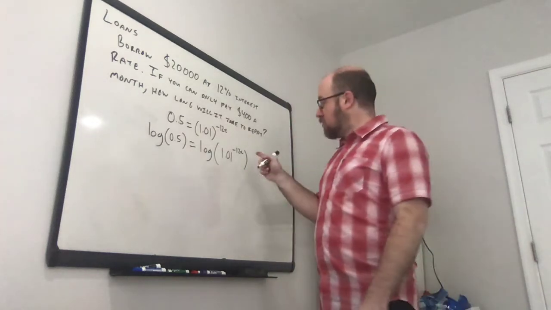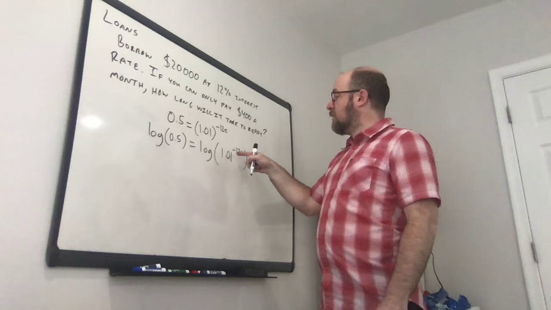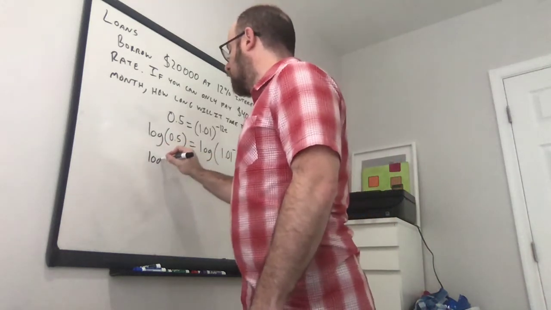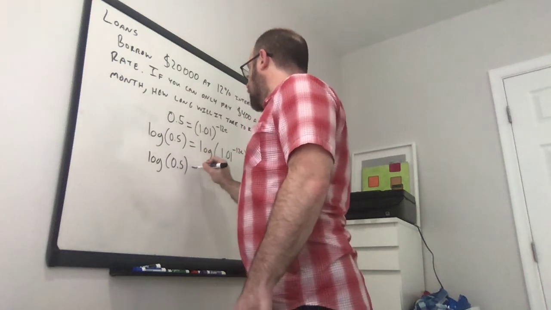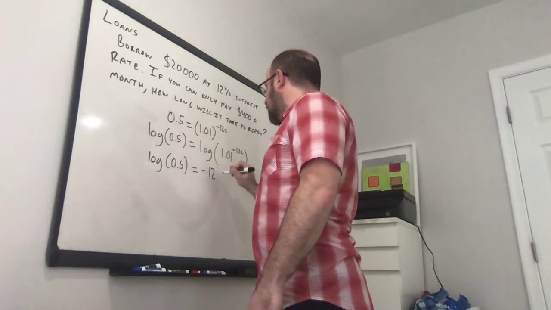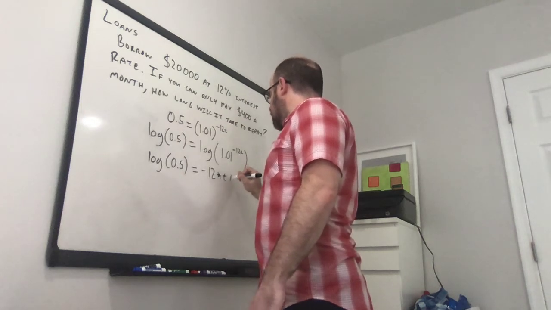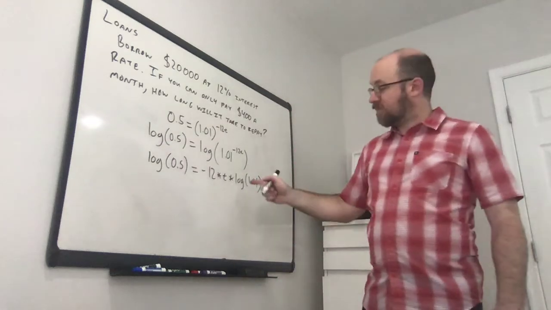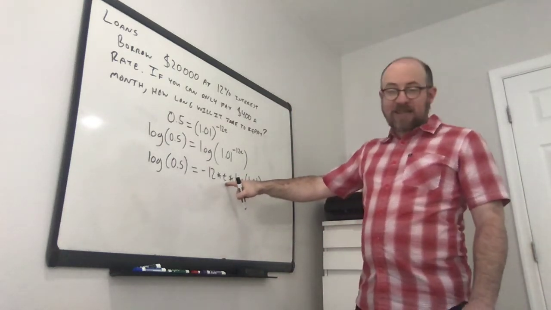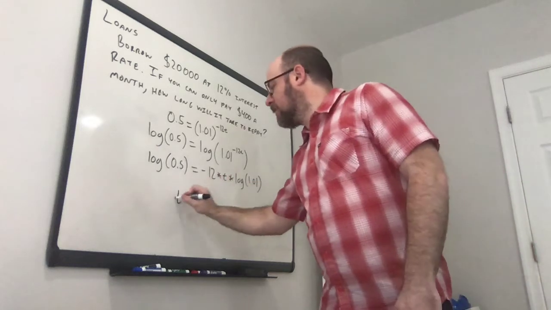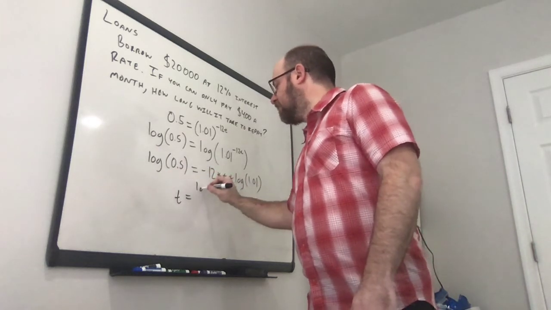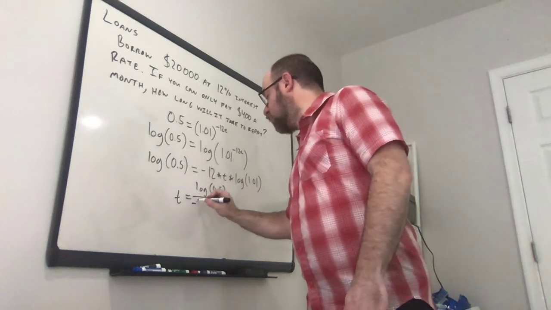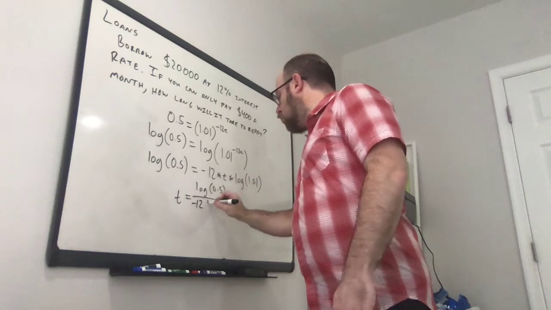And remember, the reason we do that is because once you take the logarithm, the power comes down to a multiple in the front. So log of 0.5 equals negative 12 times t times log of 1.01. So that 12t comes out of the front. And if you want to get t by itself, you're going to have t is equal to log of 0.5 divided by negative 12 times log of 1.01.